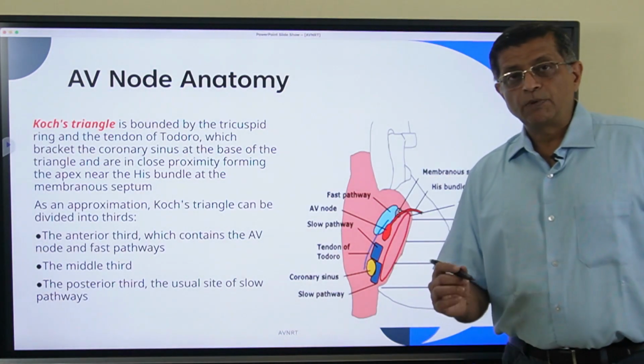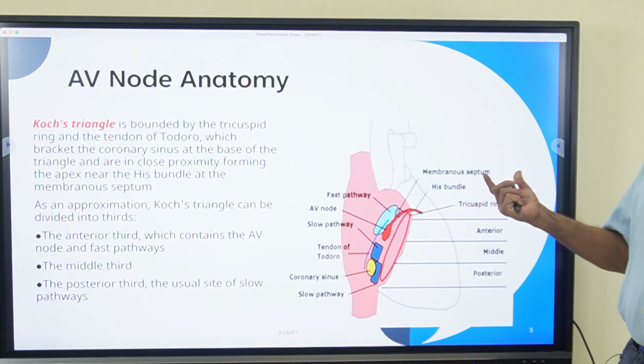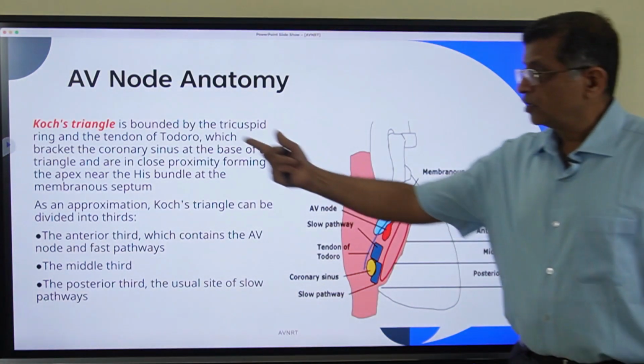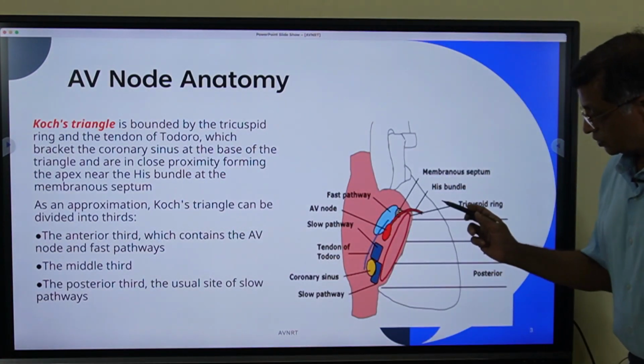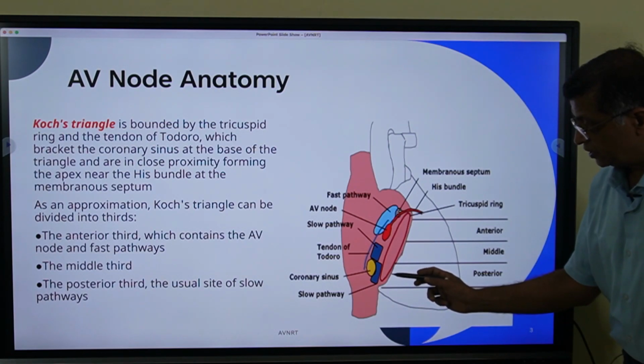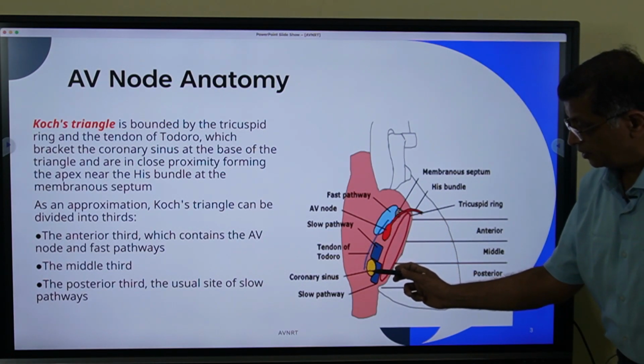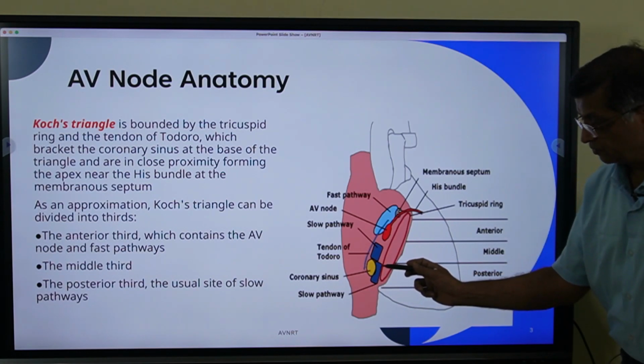Let's discuss the anatomy of the AV node. AV node lies in the Koch triangle. This Koch triangle is bound by the tricuspid valve opening on one side, the tendon of Todaro on the other side, and the coronary sinus in the basal region.